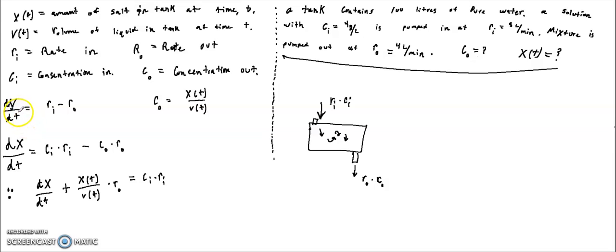Now, the change in volume of liquid is defined as Ri minus Ro, which is just the rate of change of the volume. Think about it. If you have this initial amount and then you're adding stuff in while also taking stuff out, that net change right here is going to equal the rate of change of the volume.